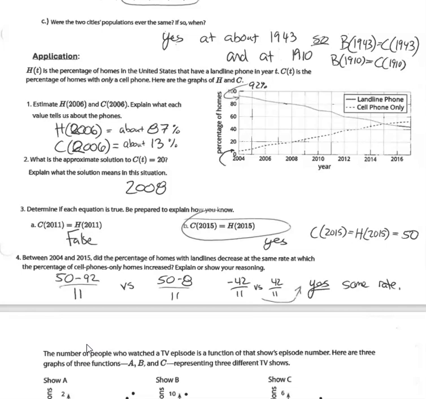There was a 42% decrease for home and about a 42% increase for cell phone over those 11 years, and you can see that they are the same rate. One is just negative and one is positive. So it says, between these years, did the percentage of homes with landlines decrease at the same rate at which the percentage of cell phone use increased? I said yes, and I showed the reason why.